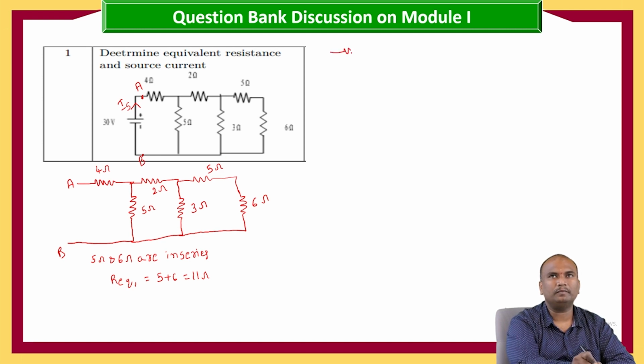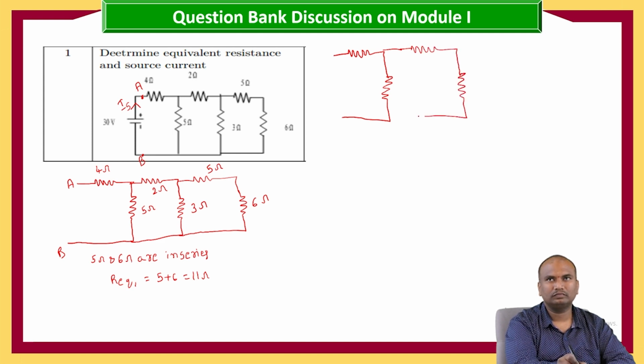Now our circuit will become 11 ohms, 3 ohms, 2 ohms, 5 ohms and 4 ohms, between A and B.